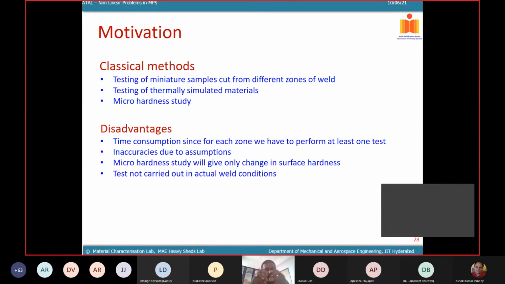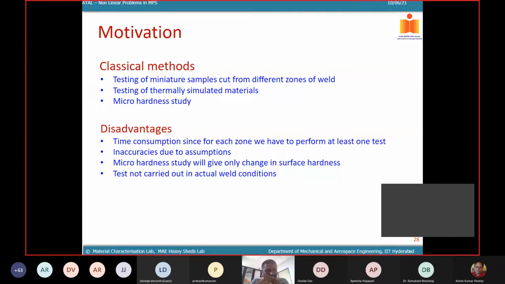But the problem is when you cut a sample and take it out from these individual zones, there is a stress relaxation, and it doesn't actually reflect the condition. Once you cut it and take out the material, there will be a relaxation, and that can influence the behavior. People also do a lot of micro hardness study, so they relate hardness to the Young's modulus, but we don't get the strength values.